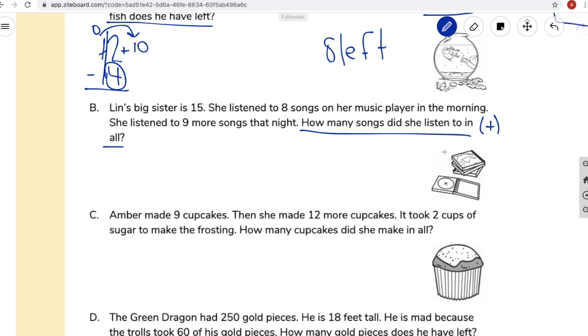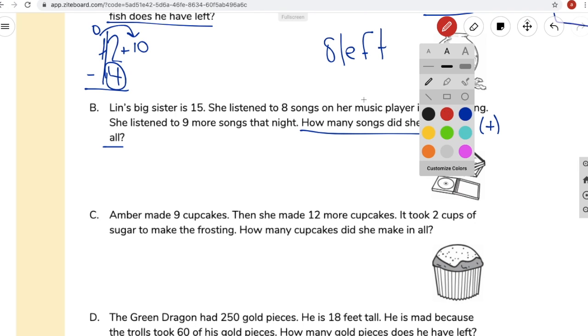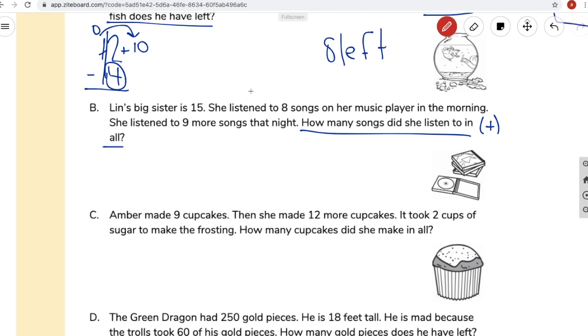Now, they're asking about how many songs, but in the first sentence, it talks about her being 15 years old. Like, nobody cares about her being 15, so we're going to cross that out. Nobody cares about you being 15. We just care about how many songs. So, she listened to 8 songs on her music player in the morning. She listened to 9 more that night. How many songs did she listen to in all?